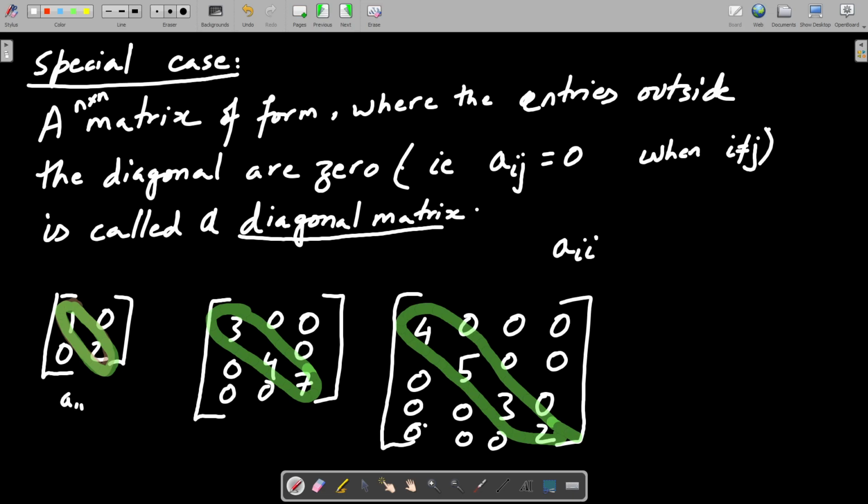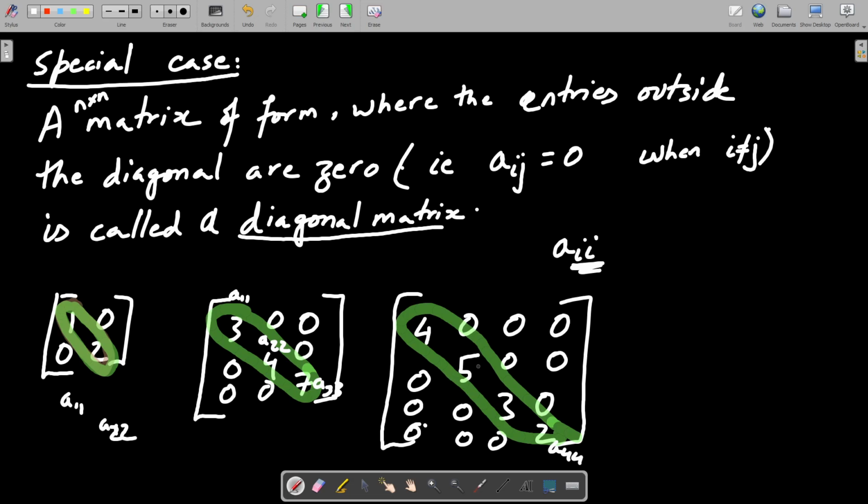In this case it is a11, a22, a33, and this will be a44 by that same logic. So diagonal entries have the subscript ii, and the elements which are not on the diagonal have subscripts ij, but i and j are not equal. And all those entries have to be 0.